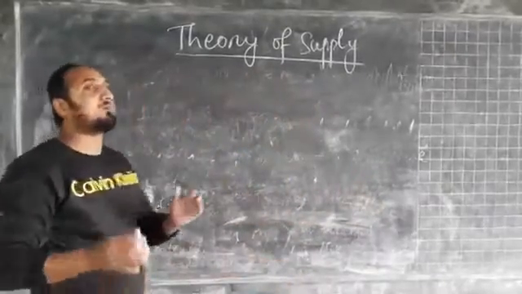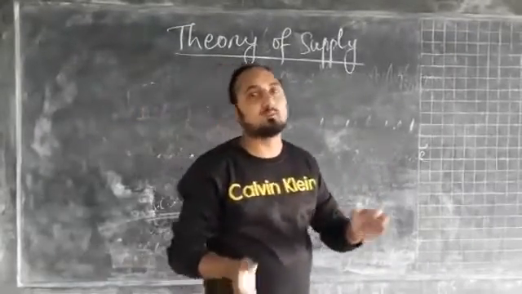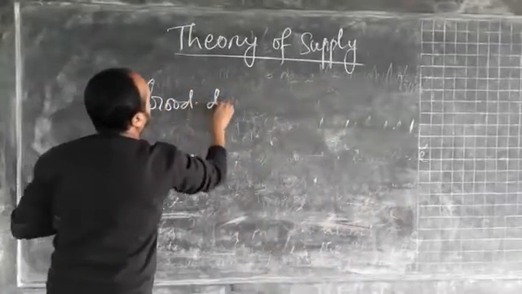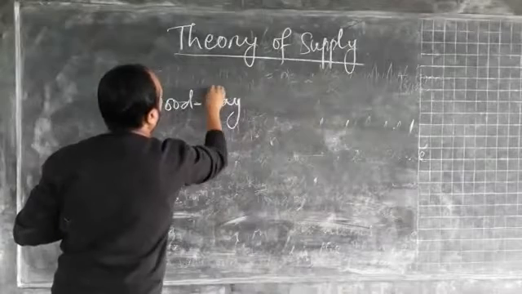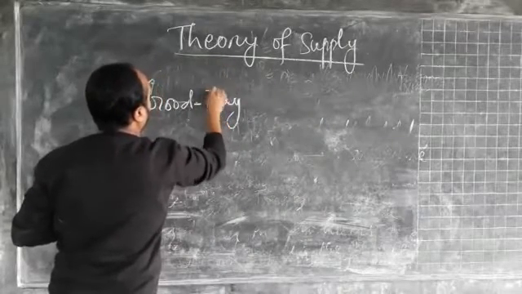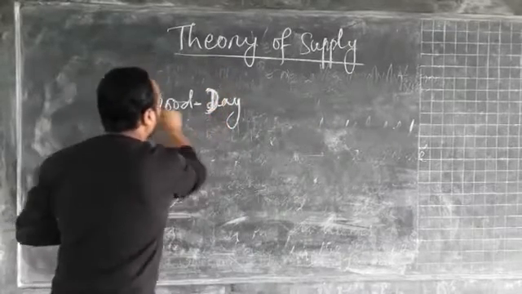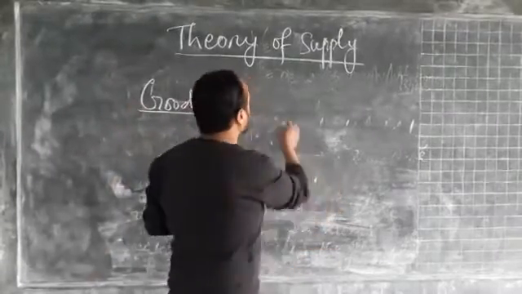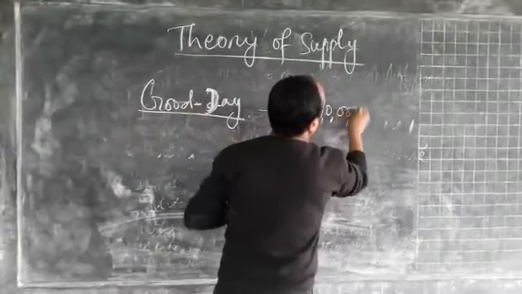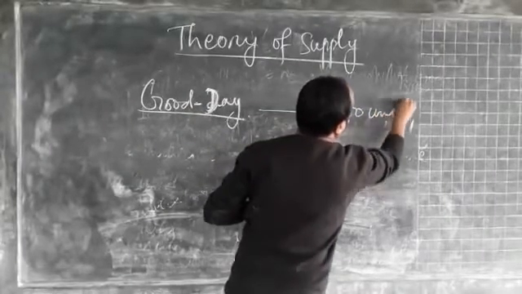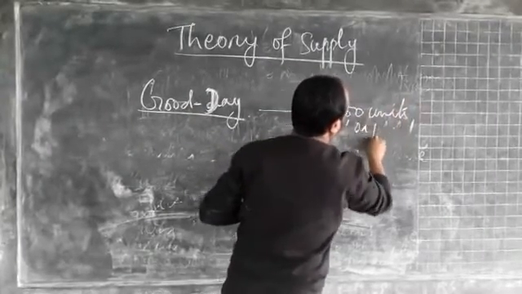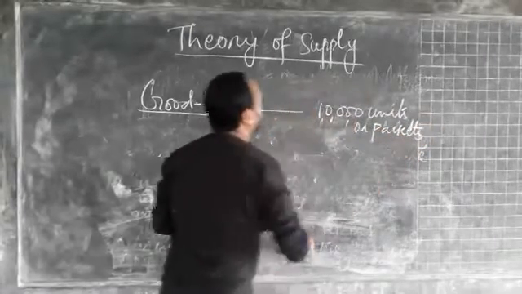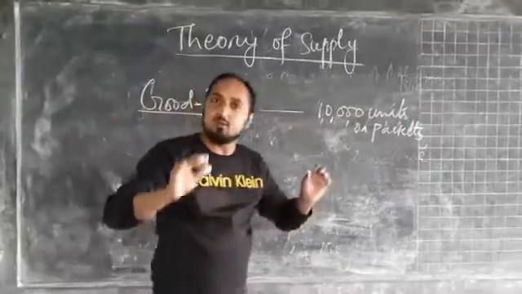Suppose one producer is there and he is producing some biscuits. Let's consider Good Day. Now suppose producers are producing 10,000 units, or 10,000 packets of biscuits.